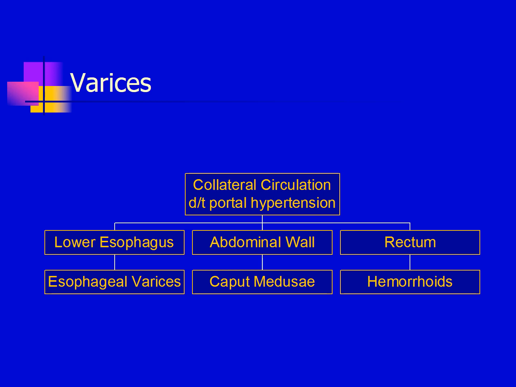If it's in the abdominal wall, we call it caput medusae. Caput medusae has a tree-like appearance, with distended, engorged superficial epigastric veins that radiate from the umbilicus and spread across the abdomen. It looks like Medusa. All right, so these are dilated varices, right? And it's all because of the portal hypertension. Next slide.